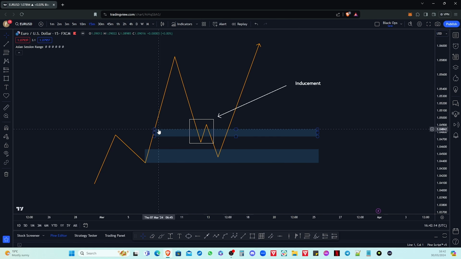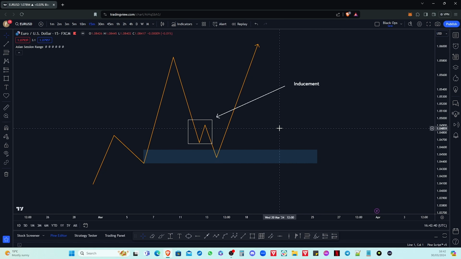The reason we want an inducement is that we want price to show us the fake move first. Show me that you're going to induce me, put a fake move forward first, and once you're out of all your trickery, then we look for the true move, which is going to be this one.